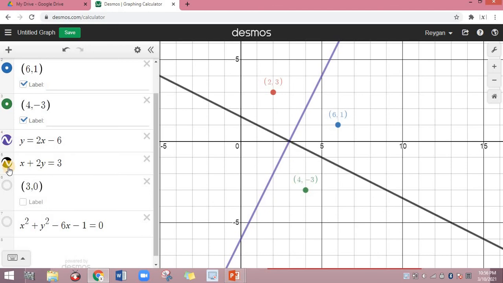And their intersection is the center, which is (3, 0). Finally, the equation of our circle that passes through the points (2, 3), (6, 1), and (4, -3). And therefore, our answer is correct.